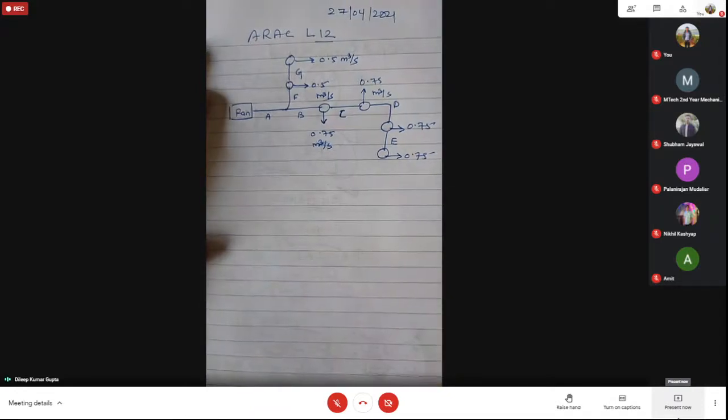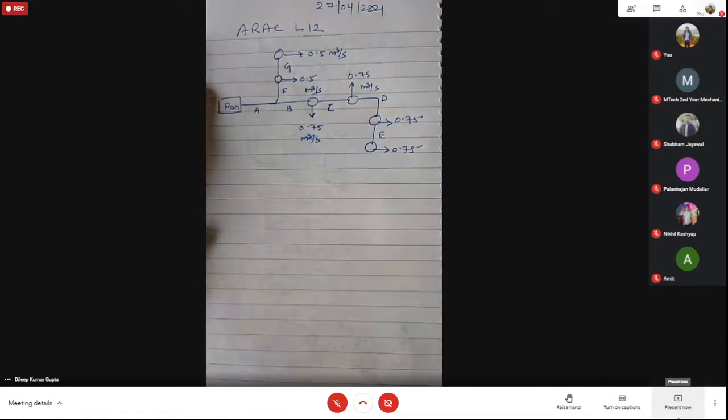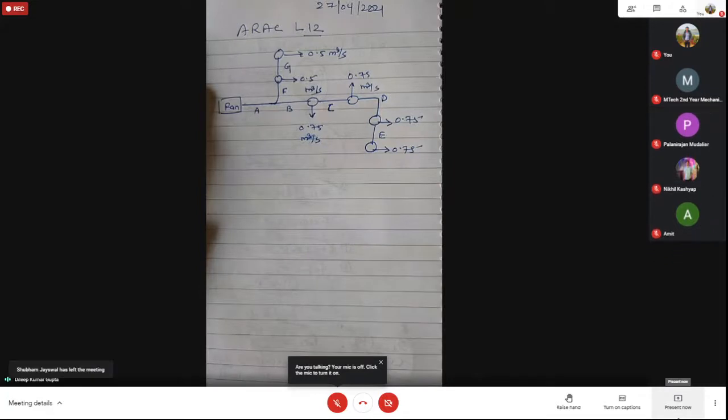Now what are the things which are known to you in this data? Determine the size of duct A to G of the duct system shown in the figure and find out the total pressure at the fan outlet in these conditions using the equal friction method, using the static regain method, and the combination of both.